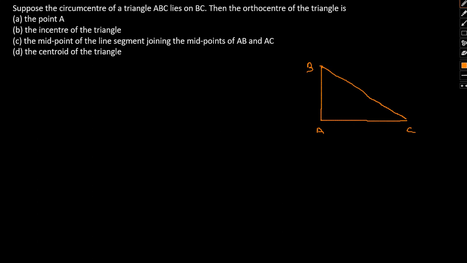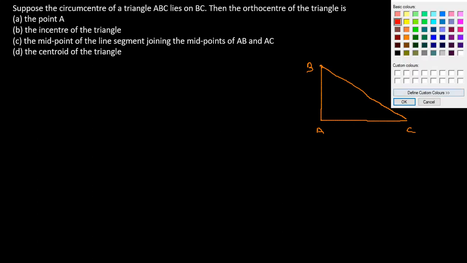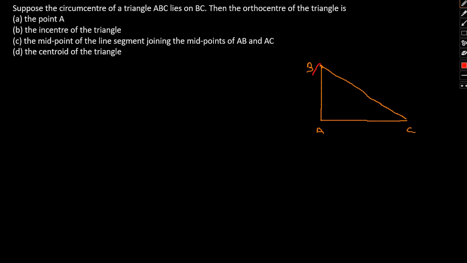So basically BC will be the diameter and the circle would be something like this. This is 90 degrees. So the circumcenter would be lying somewhere around this point. Say this is O, which is the midpoint of BC as well.